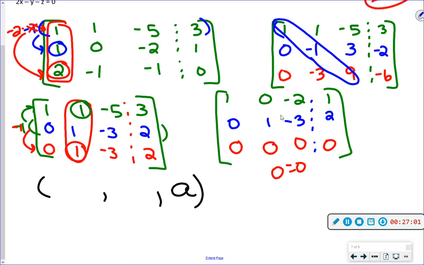0x, I'm not writing that, 1y minus 3z. Well, I can pretty much give you the expression for y in my head. Because if I put an a in here, so it's minus 3a, who cares? And I'm going to add that over. So I'm going to have y equals 3a plus 2. And then I'm going to do the top equation.